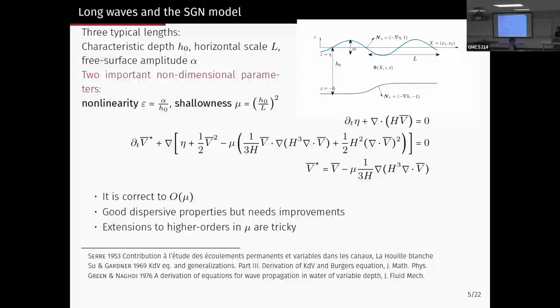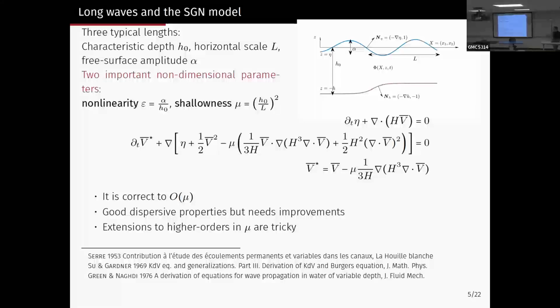In general, we can use asymptotic methods taking into account epsilon and mu, but what I will show you today only does something for mu. So in this literature, in this community, we usually call this type of models fully nonlinear because we leave nonlinearity as is. We don't do something for epsilon, if you want.